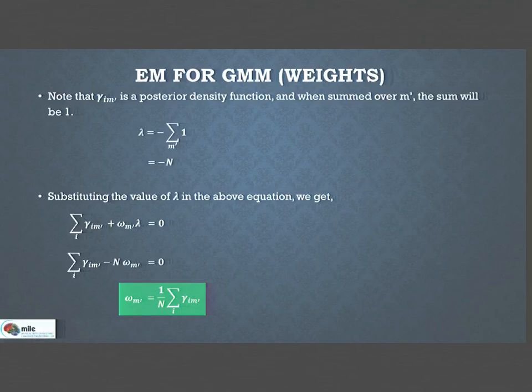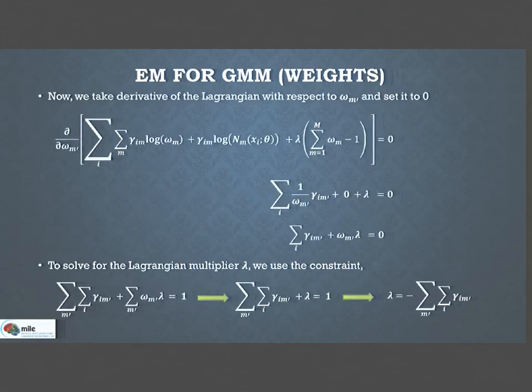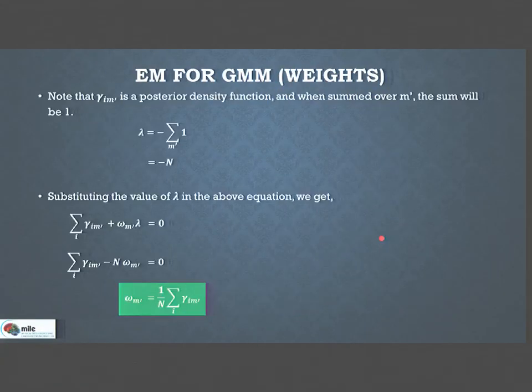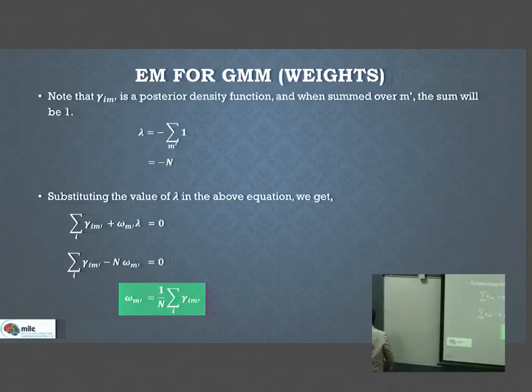Now, substituting this value of lambda in the above equation, we get omega_m as the average of the posteriors that we have. I'll give you some intuitive explanation of why omega_m is like this.